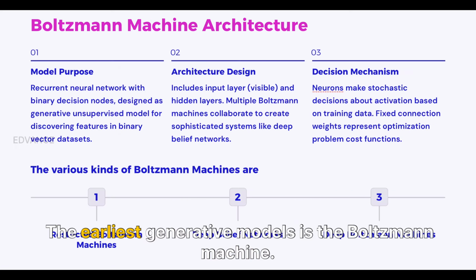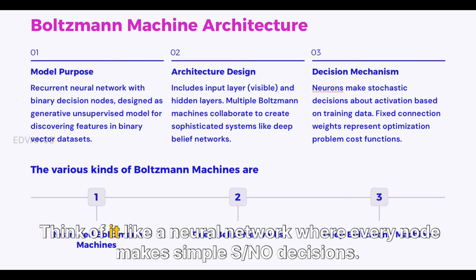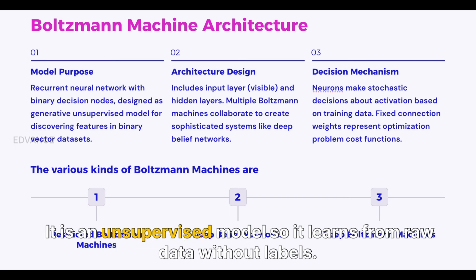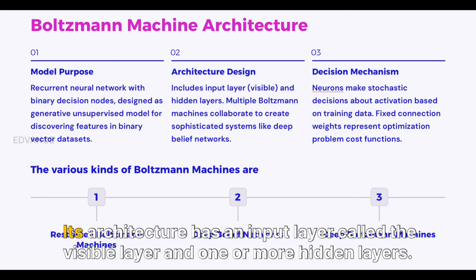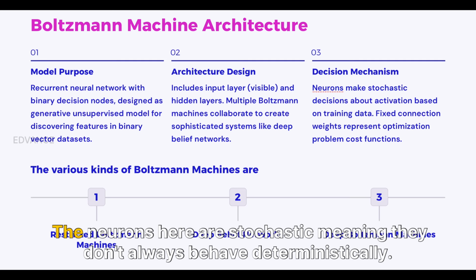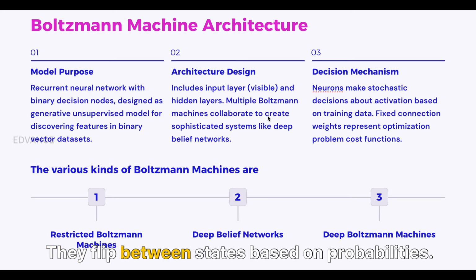One of the earliest generative models is the Boltzmann machine. Think of it like a neural network where every node makes simple yes-no decisions. It is an unsupervised model, so it learns from raw data without labels. Its architecture has an input layer called the visible layer and one or more hidden layers. The neurons here are stochastic, meaning they don't always behave deterministically, they flip between states based on probabilities.